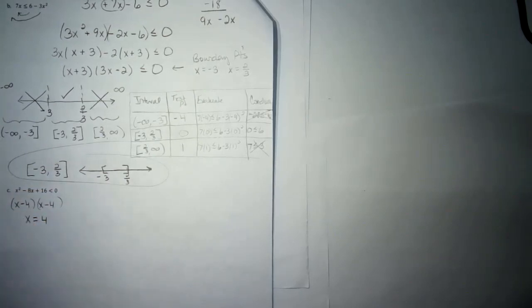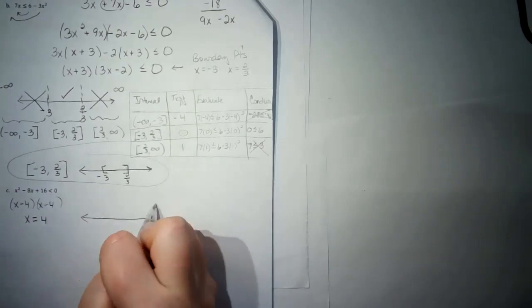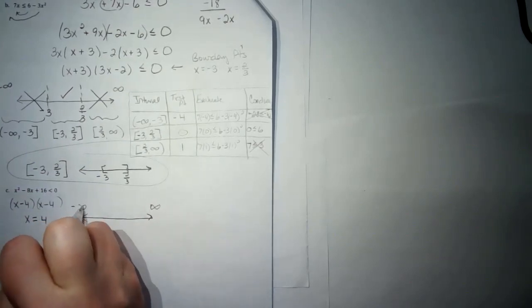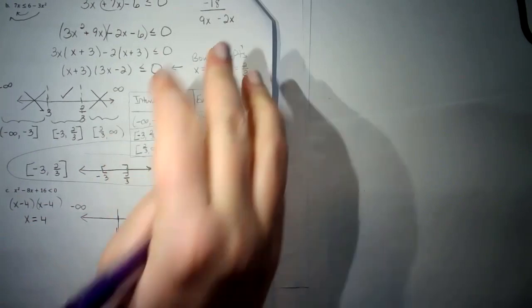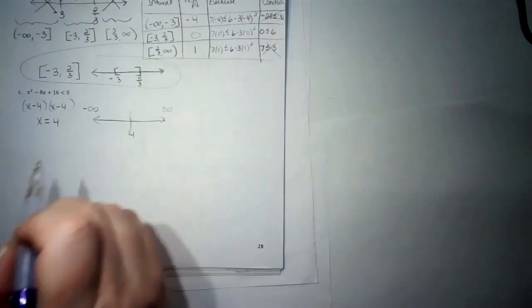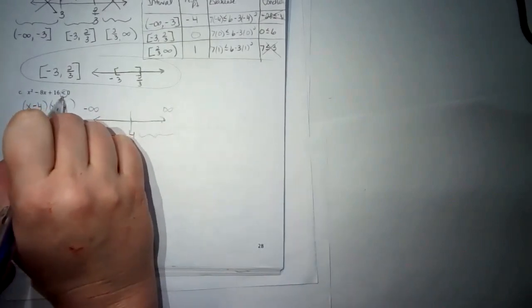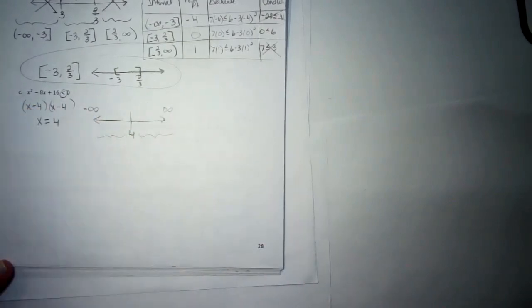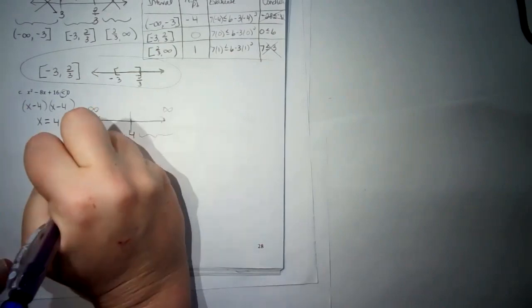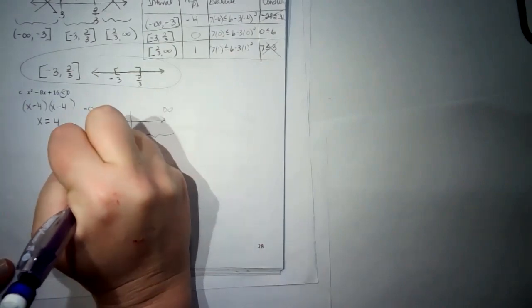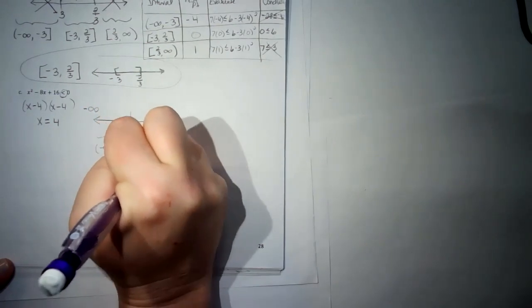So you only have one boundary point, x equals 4. Well, if you only have one boundary point, then you only have 2 intervals. That's kind of nice, right? So I have this interval and this interval. Am I going to have a hard bracket or parenthesis around 4? Parenthesis. So you're going to be testing these 2 intervals.